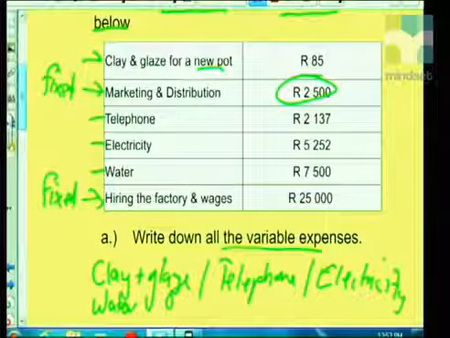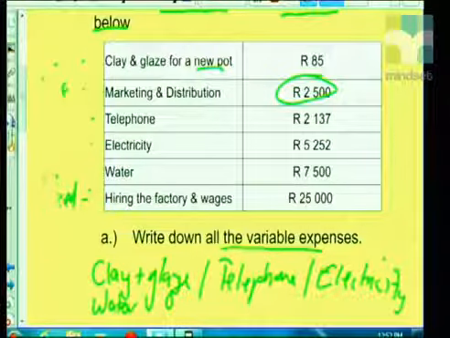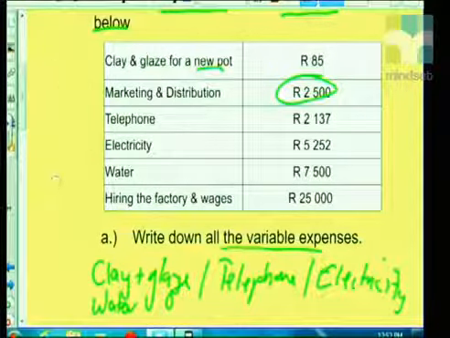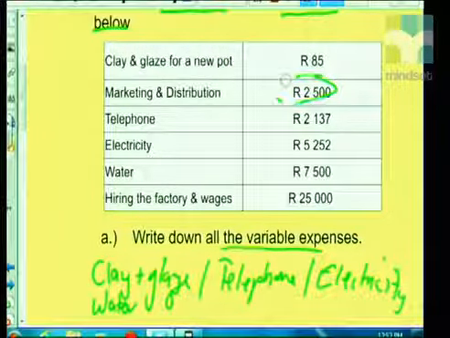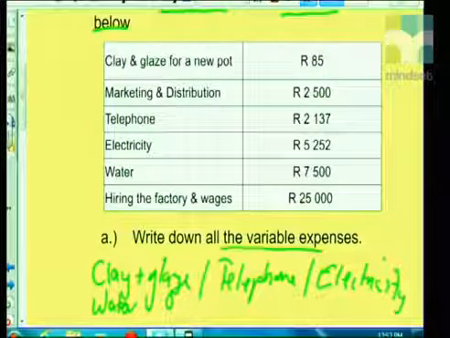Let's have a look at that. Recognize that in terms of what we've been given, the only thing that is variable and based on the number of pots that we can do any calculations with budget-wise is that this was the cost for one pot.